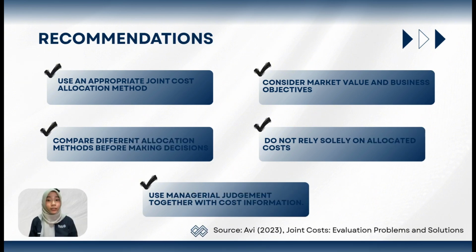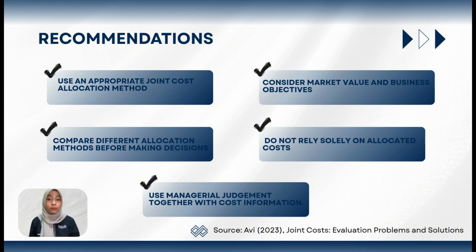So, what can companies do to deal with these challenges? Based on Avi 2023, companies should choose a joint cost allocation method that best reflects the economic value of their products. Since different methods can produce different results, managers should compare several allocation methods before making important decisions.